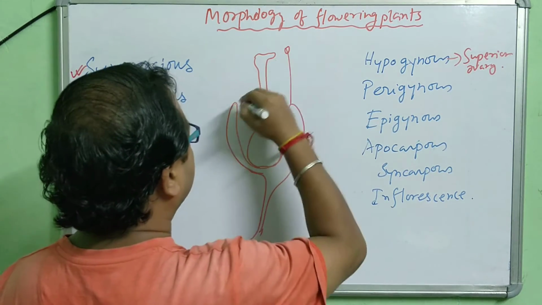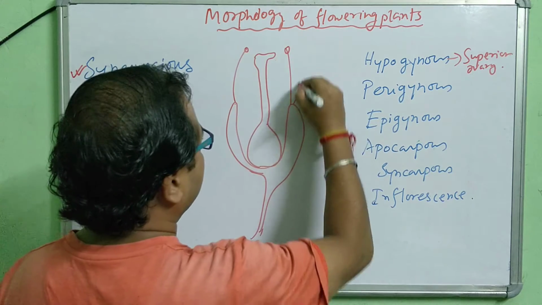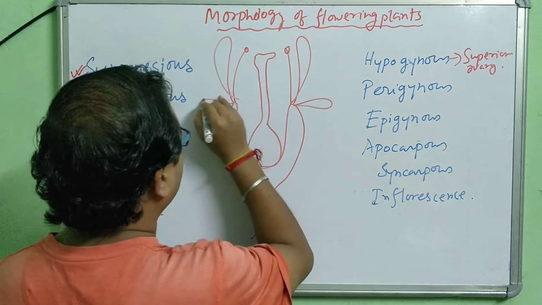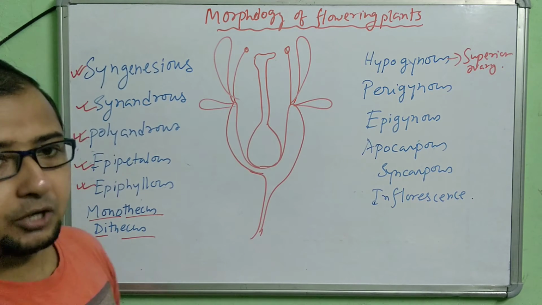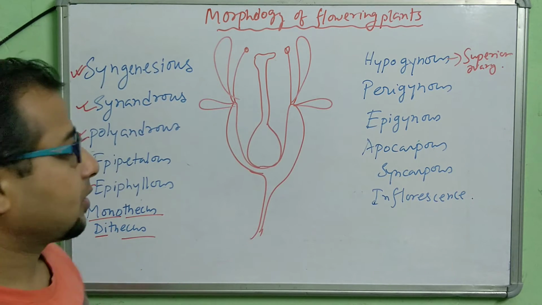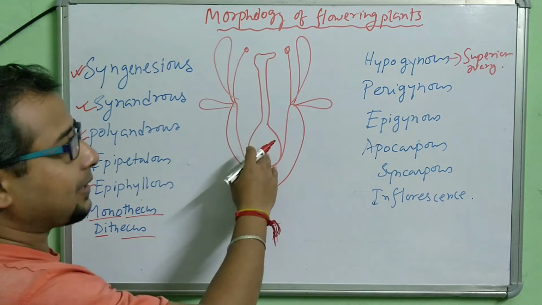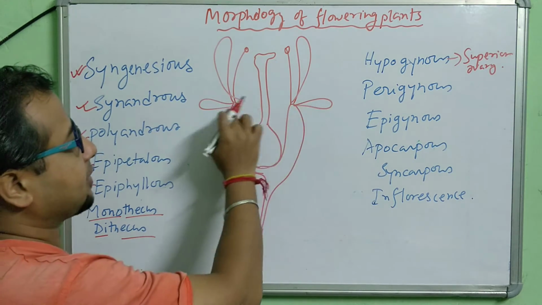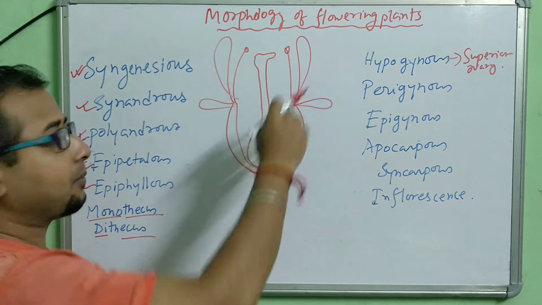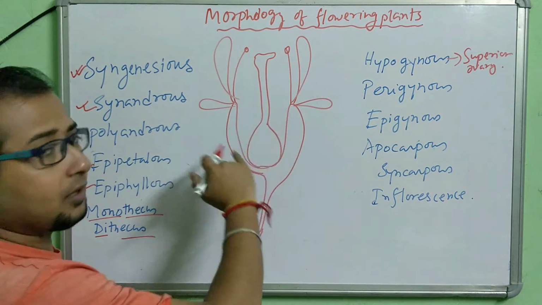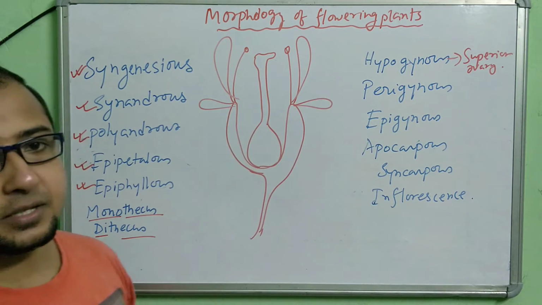So androecium develops like this, petals develop from here, sepals also develop from here. So now you see the position. In this position the gynoecium is comparatively at a lower level than the other parts. Other parts develop from a higher level compared to the ovary. This is called perigynous flower.